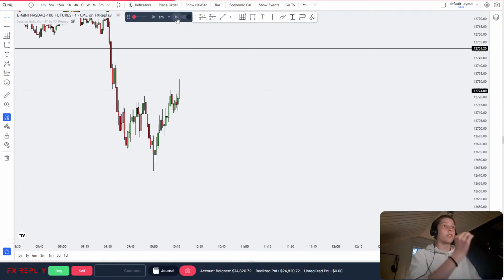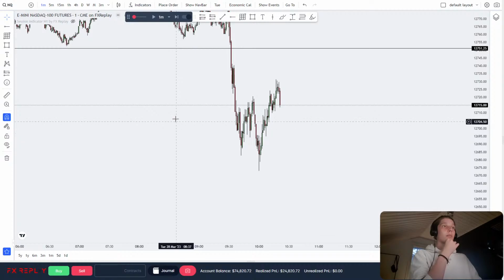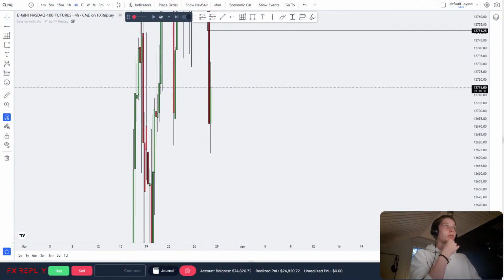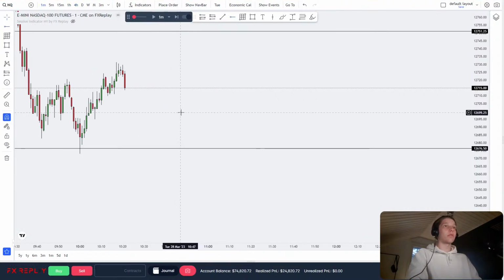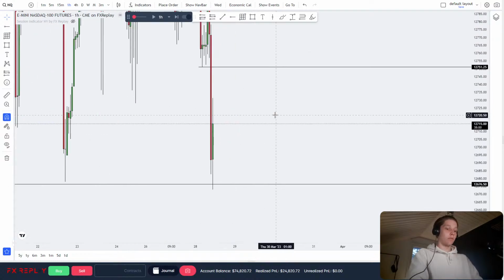Not very clean price action there. I will flip that gap. Let's see if there's a sell side target. Well, there is a reason for us to go a lot higher now because of that got swept.